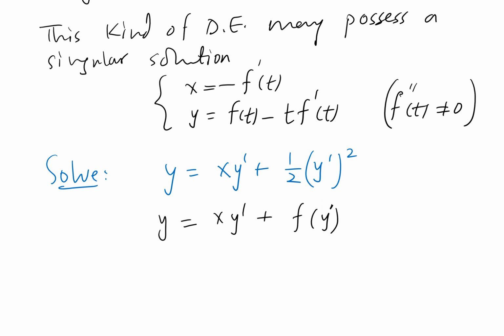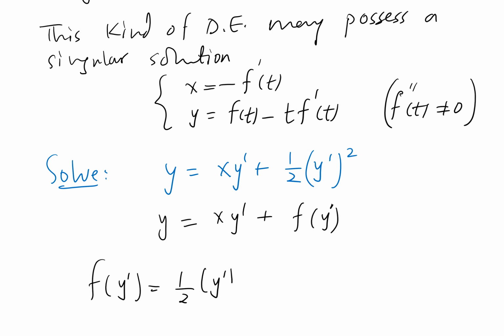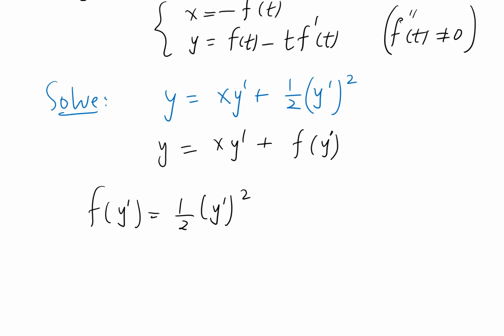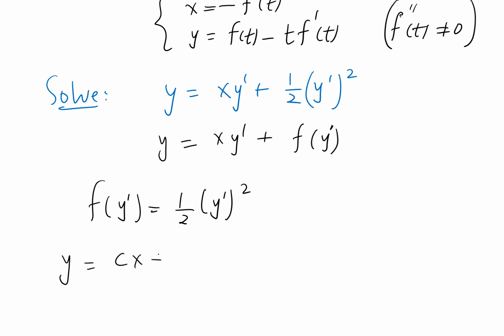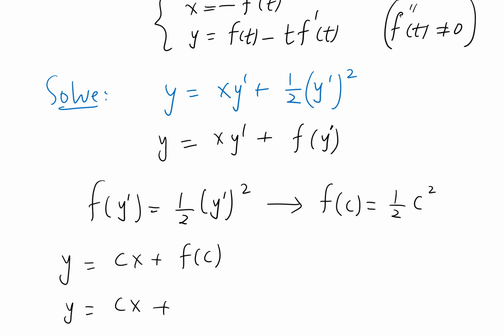If you compare it to this, that tells you f of y prime is 1/2 y prime squared. So what is the solution? We told you that the general solution is c x plus f of c. Well, c x, nothing can be done. F of c, from here you can find by replacing y prime with c, so you get 1/2 c squared. So that would be the solution.